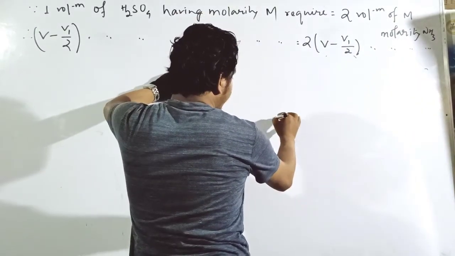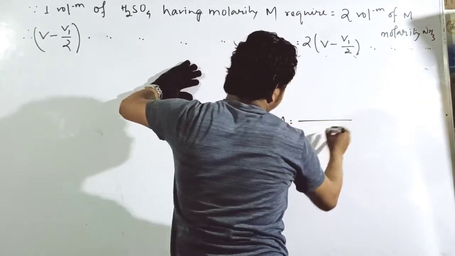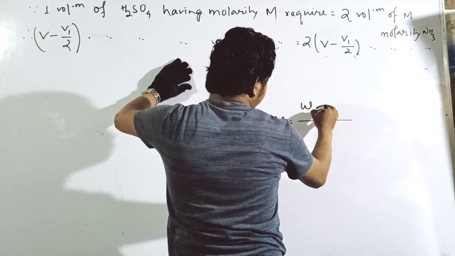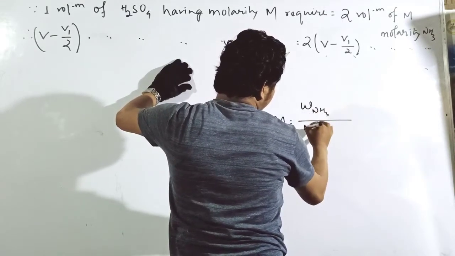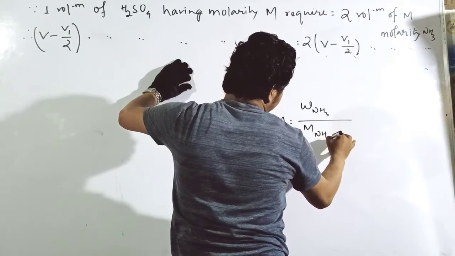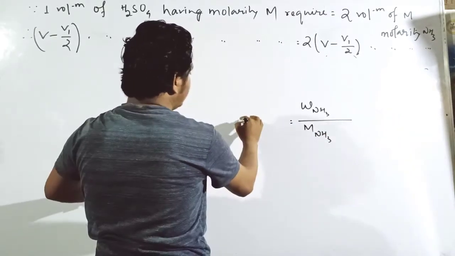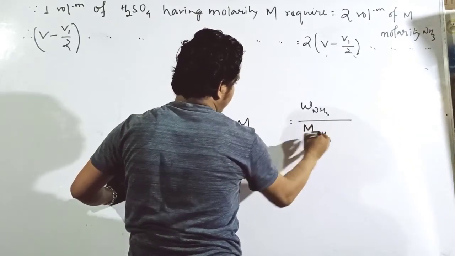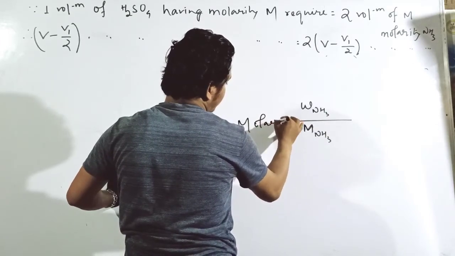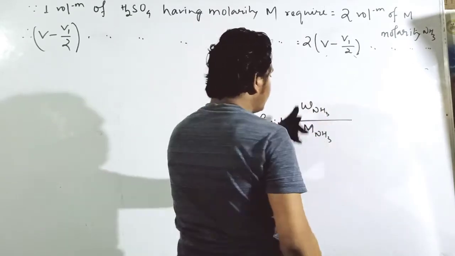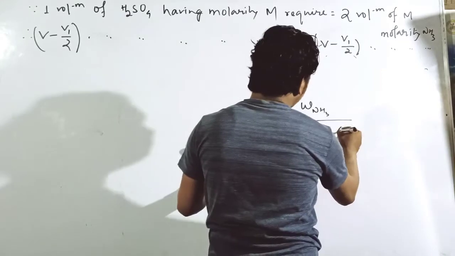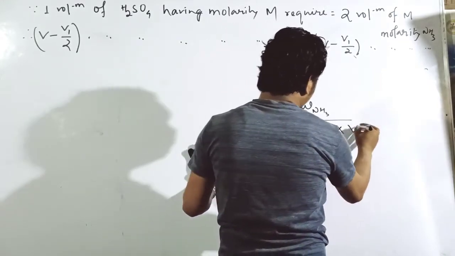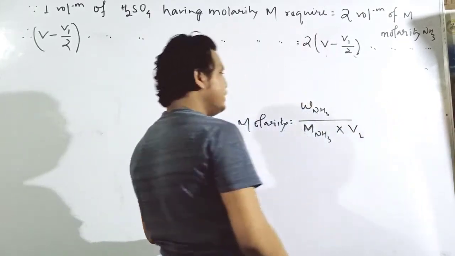Suppose molarity. What is the formula of molarity? Given mass of solute by molecular mass of solute into volume of solution in liter.